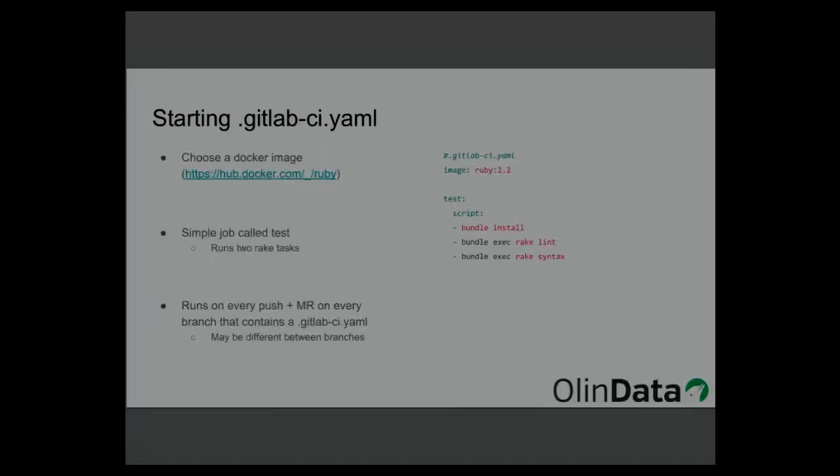So once you've checked this into your repository, from that moment on, for every push to the branch that has this file in it, it'll run your build. For every merge request, it will also run, but you have to understand that your GitLab CI can be different between branches.